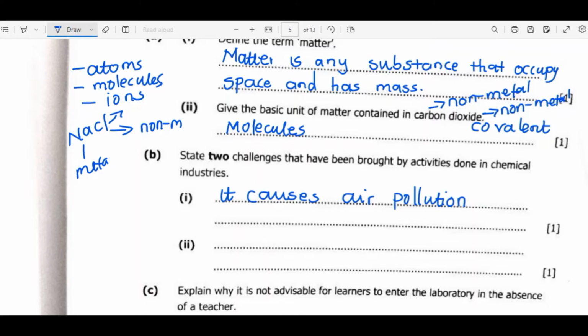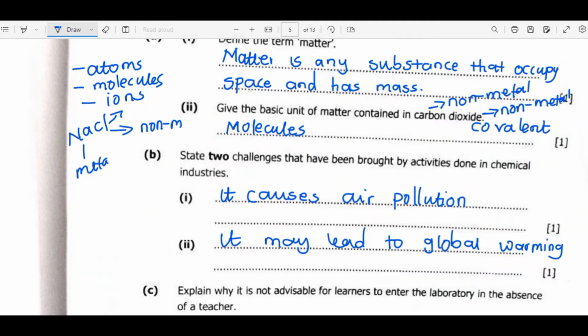Then also it may lead to global warming, especially whenever we are dealing with an industry that releases too much carbon dioxide into the atmosphere. We may have this condition as a negative impact.